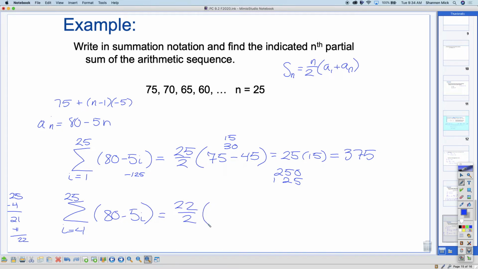How do I find a sub 1? Plug in the first number, 4. Plug in 4 for i. I changed it from 1 to 4. So when I plug it in, I get 20. So 80 minus 20 is 60.